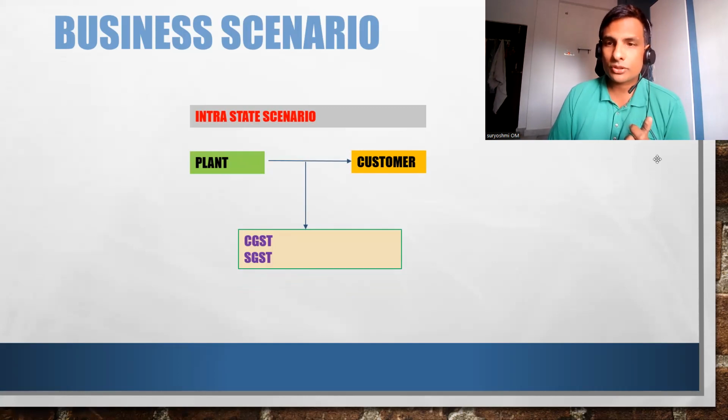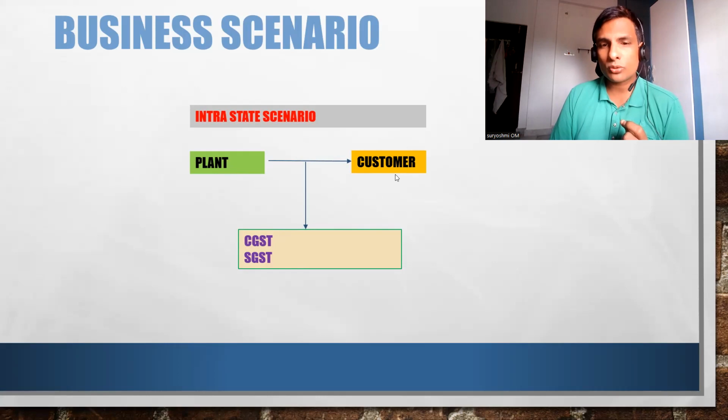Let me show you. This is between the same state. If it is happening between the same states, CGST and SGST are applicable. Let's do one thing: we create one plant in Hyderabad, and the customer belongs to Hyderabad too, and we will try to transfer.